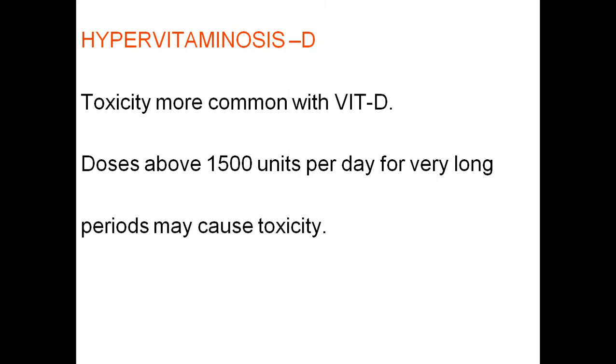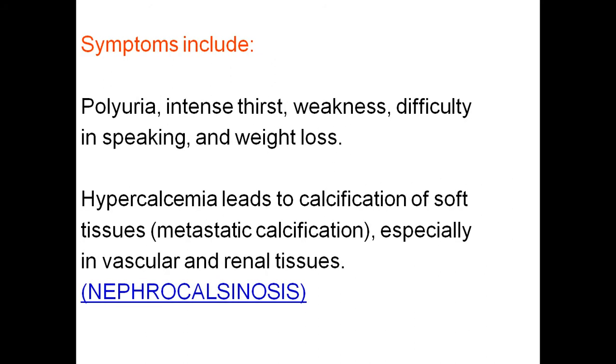So you should not take excessive doses of vitamin D. It results in a condition called hypervitaminosis D, that is called toxicity. Symptoms of vitamin D toxicity include polyuria, intense thirst, weakness, difficulty in speaking, and weight loss.